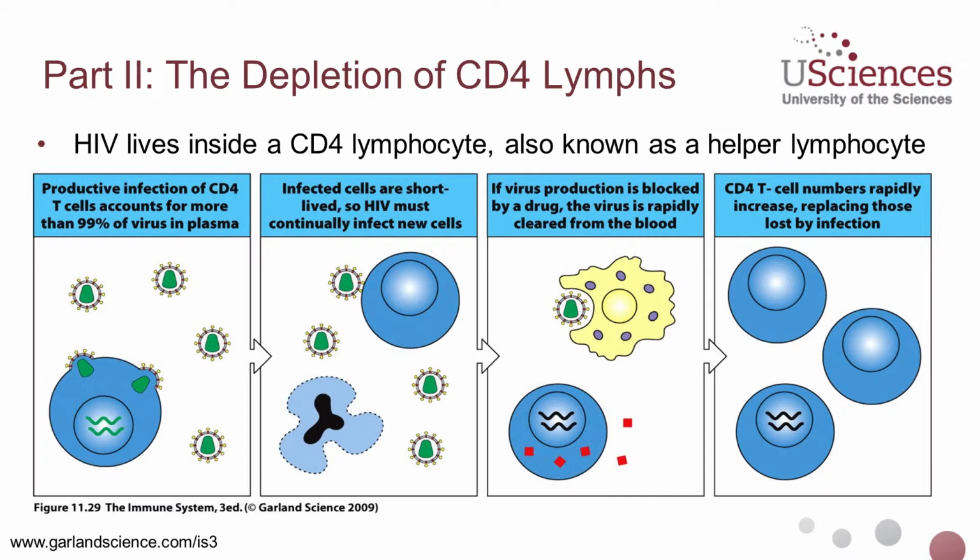However, there's another piece to this, and that is that because the virus lives in an immune cell, other immune responses do recognize this. They do see that there's something wrong here. For instance, the B lymphocyte starts producing antibodies to the virus and tries to destroy the virus that way.